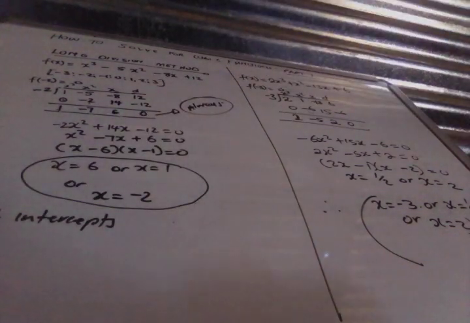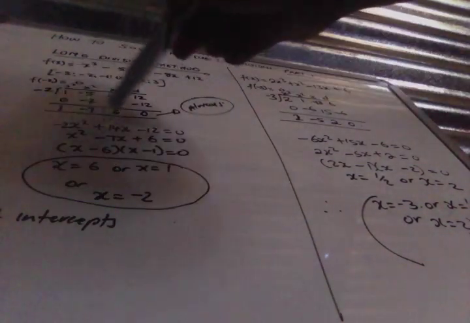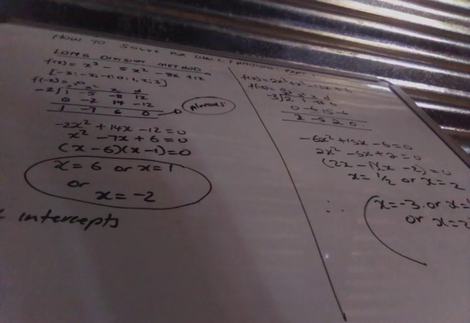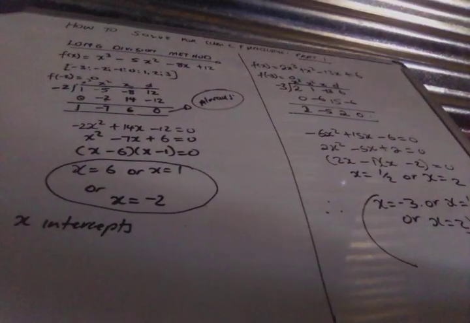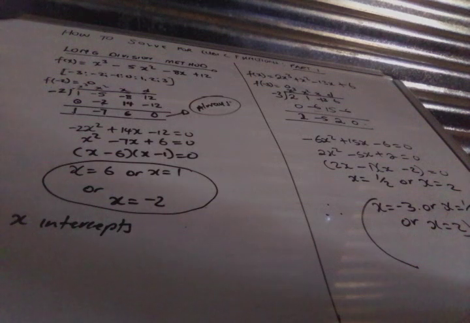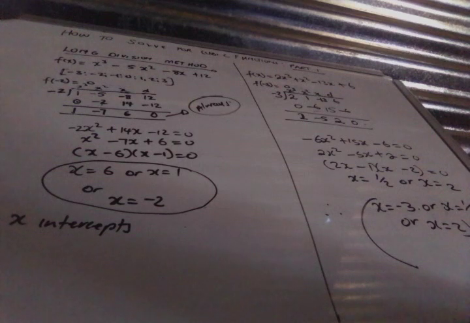We equate it to 0, and then there's a common factor of -2. We divide every term by -2. -2x squared divided by -2 is going to be x squared, 14 divided by -2 is going to be -7x, and then -12 divided by -2 is 6.